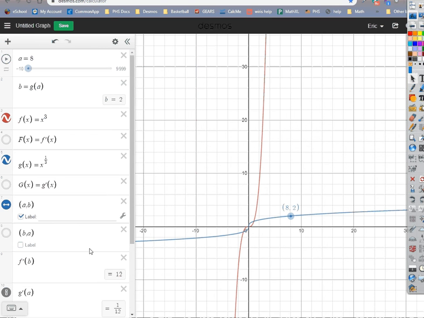The corresponding point for the function, the reflection, would be what? Would be BA, good, right? So that's going to be this guy. We're going to flip those around. And let's make that one red.